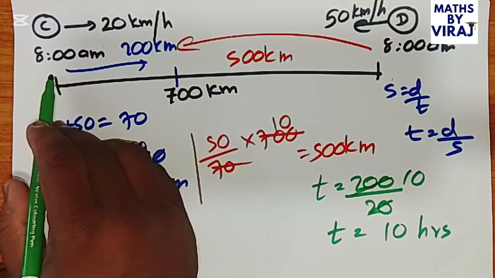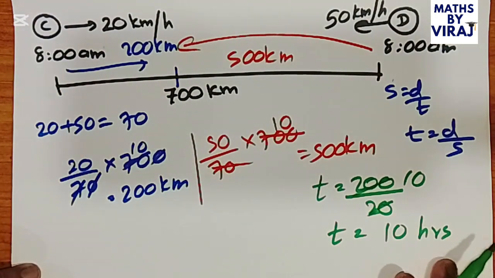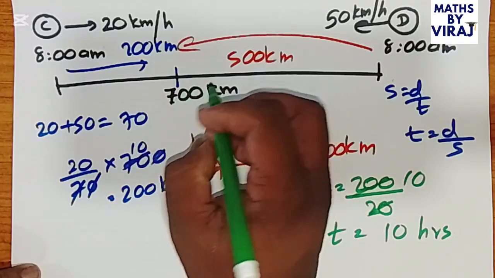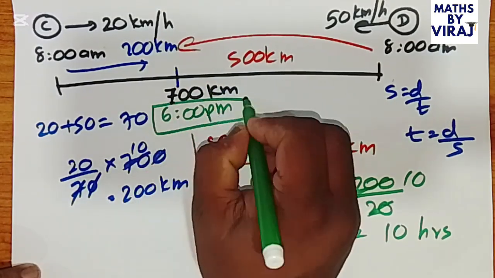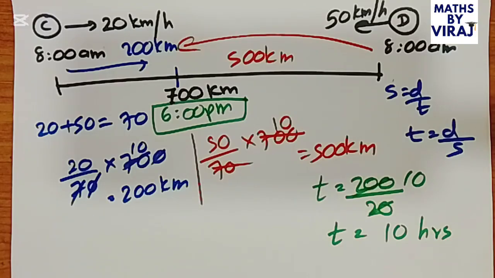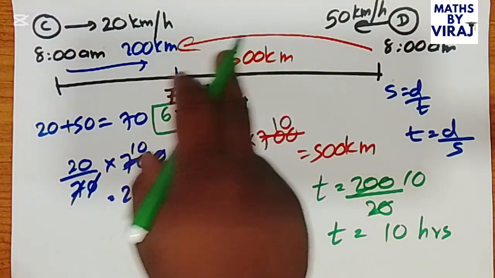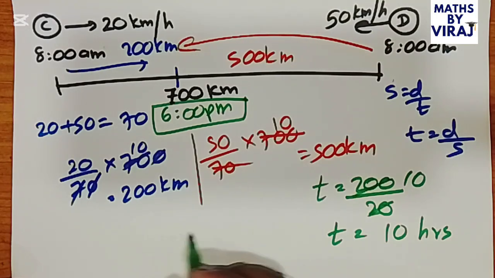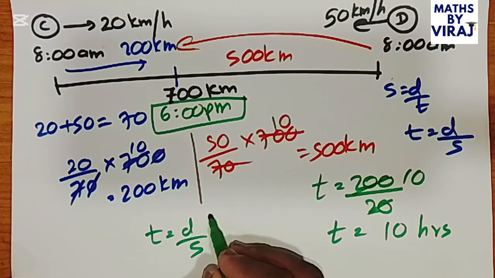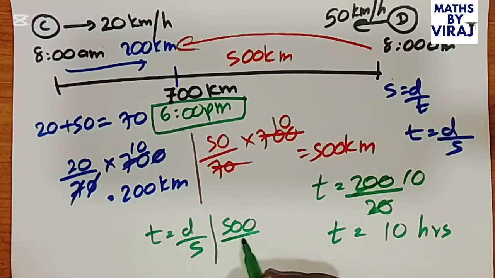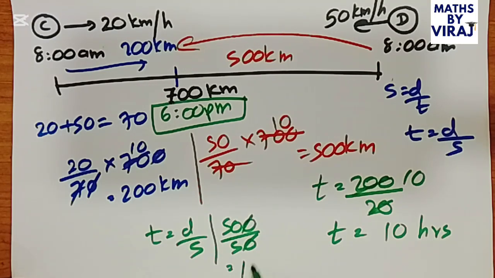Well, 8 a.m. and 10 hours, they meet each other at 6 p.m. Also, you can do the calculation for this as well. Time is distance over speed, where 500 divided by 50, again, you get the answer 10 hours.